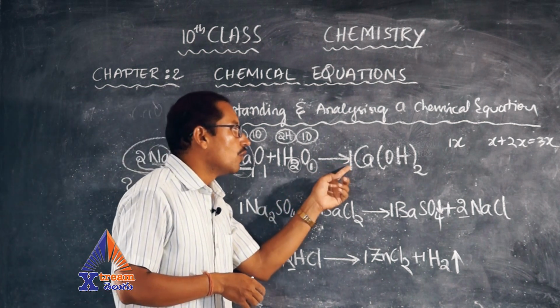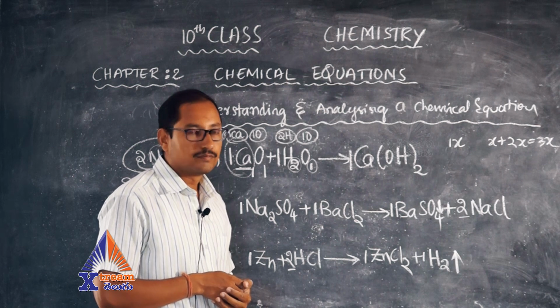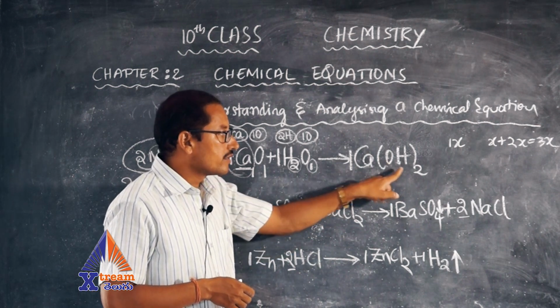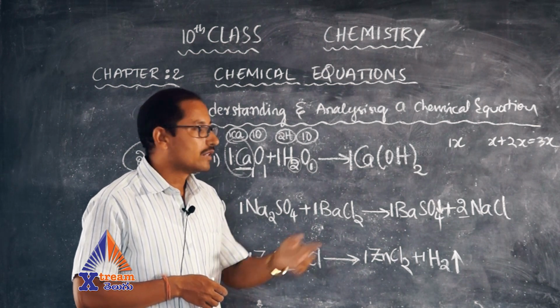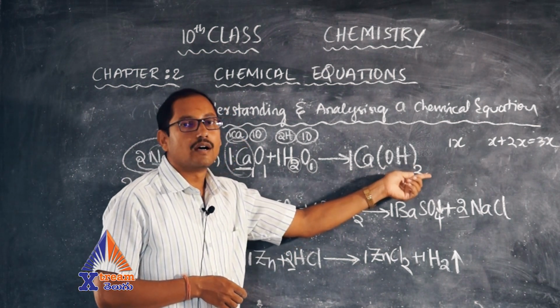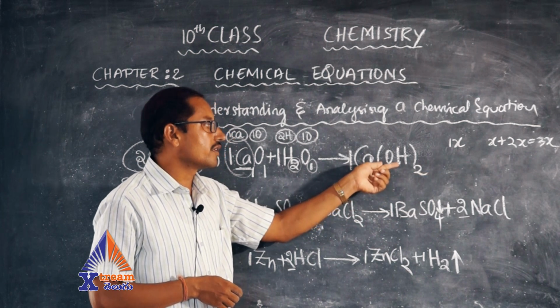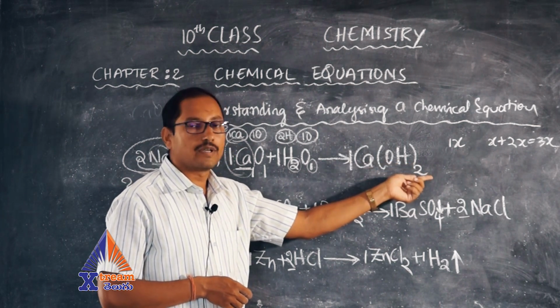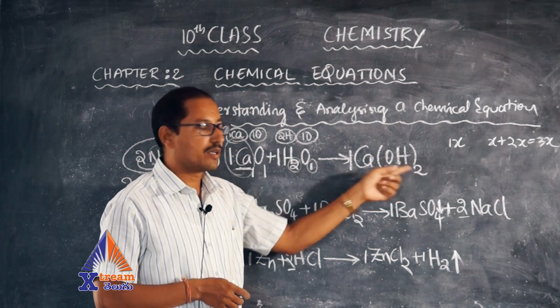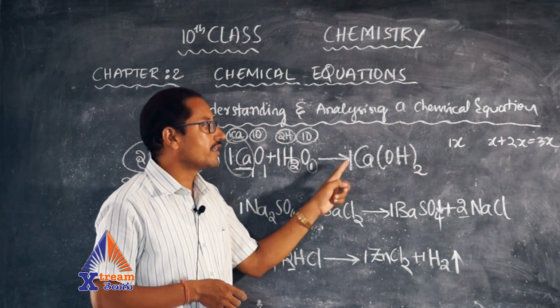See here. 1 calcium, oxygens 2 are there, hydrogens 2 are there. This index is not only for oxygen but also for hydrogen. That means oxygens are also 2 in number, hydrogens are also 2 in number, calcium is 1 in number.